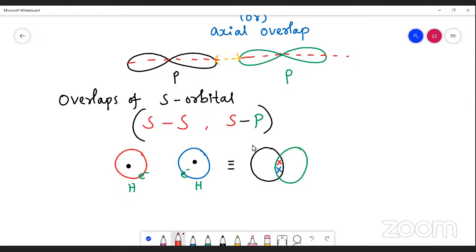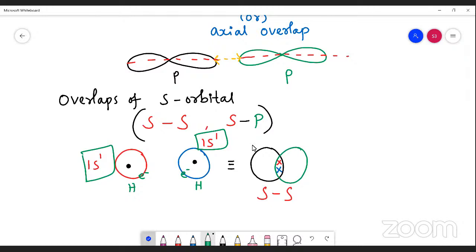So the s orbital of one atom overlaps with the s orbital of another atom. I have taken only hydrogen as an example. Hydrogen has the atomic orbital 1s1, and this hydrogen also has 1s1. These two atomic orbitals overlap and form a molecular orbital. So this is called an SS overlap.